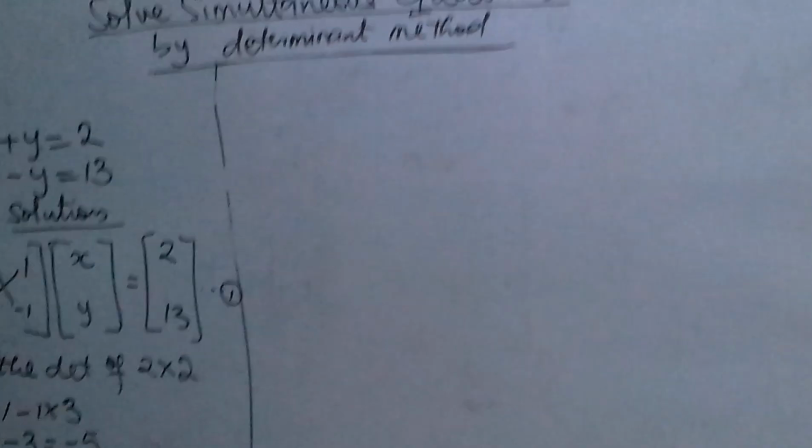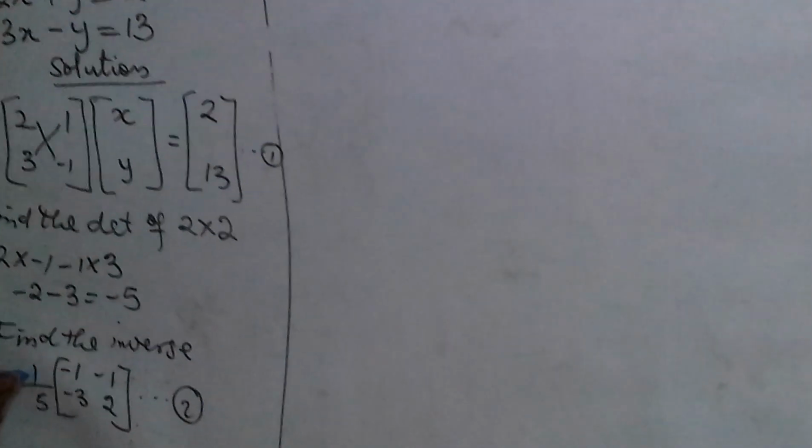So use the inverse to multiply the matrix equation. But take note, this minus doesn't need to stay here, I'll take it up.